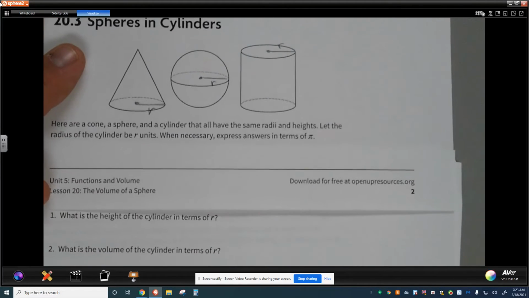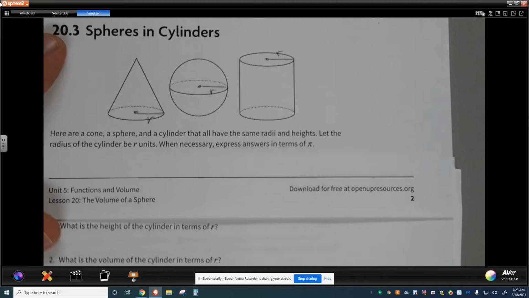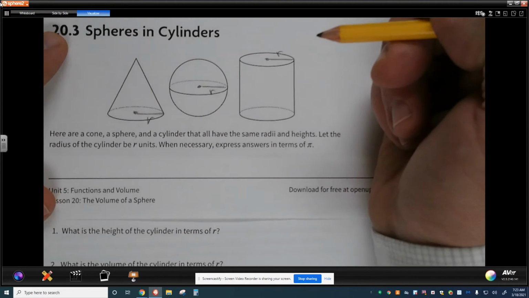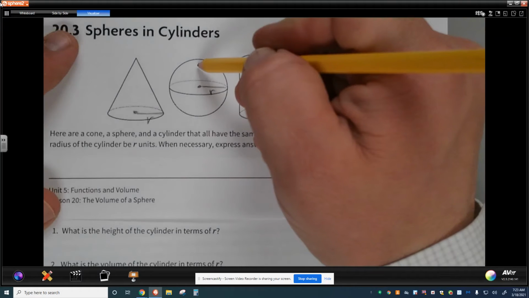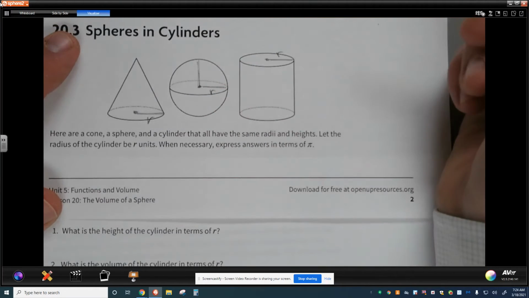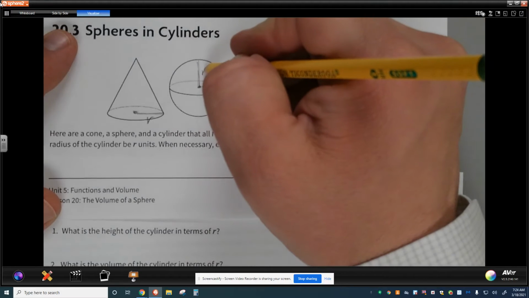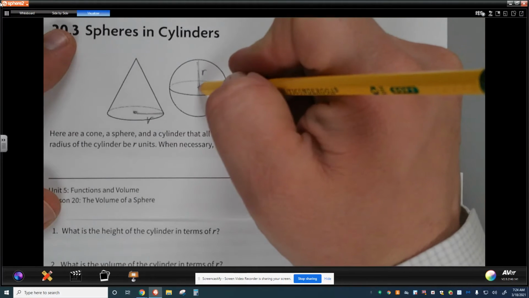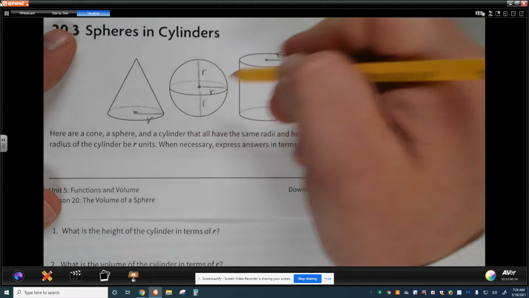It says, what is the height of the cylinder in terms of r? Well, if we're talking about the height of the cylinder in terms of r, then again, the radius on the sphere is the thing that helps us out. This radius is r as well. For half of the height, the rest of the height is r again.